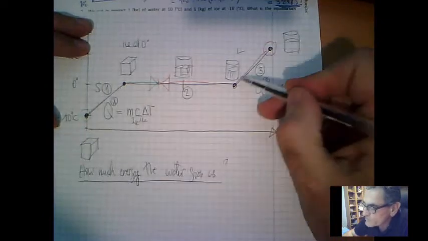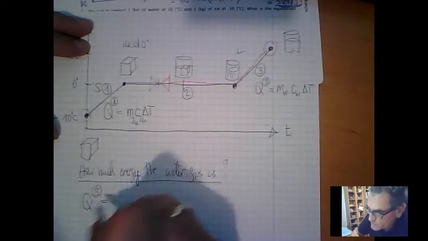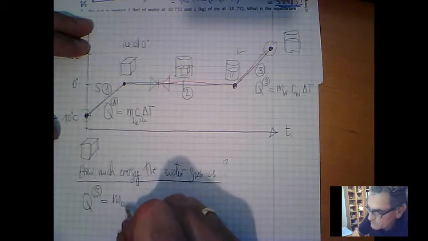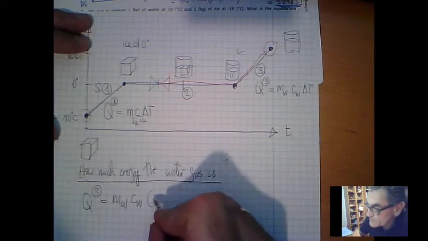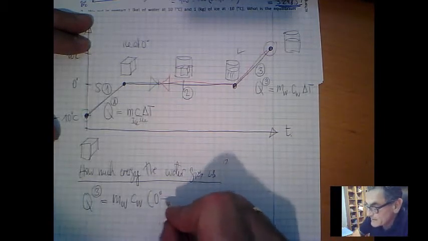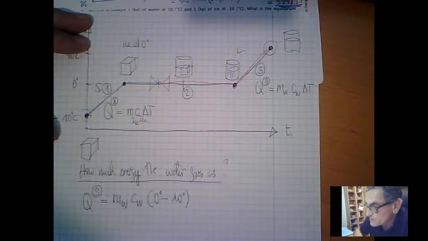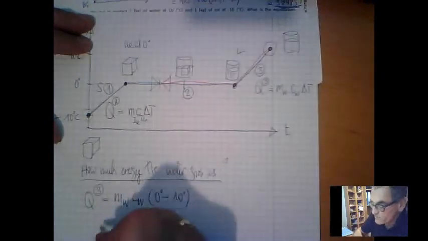This warm water will give us a quantity of energy which we call Q3, and this is the mass of water times the C of water times delta T. What is delta T? The final temperature is 0 degrees, and the initial temperature was plus 10. Okay, so this quantity of energy is going to be negative because this is energy we get from the system.